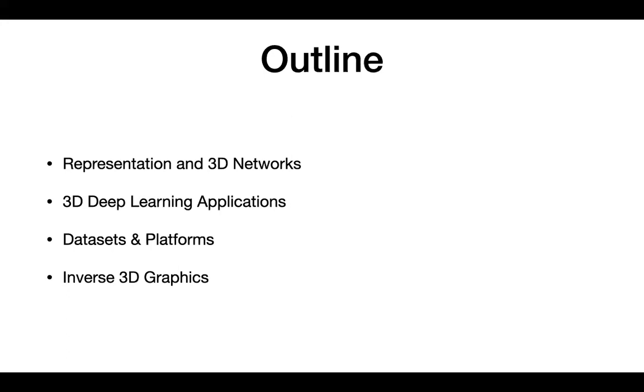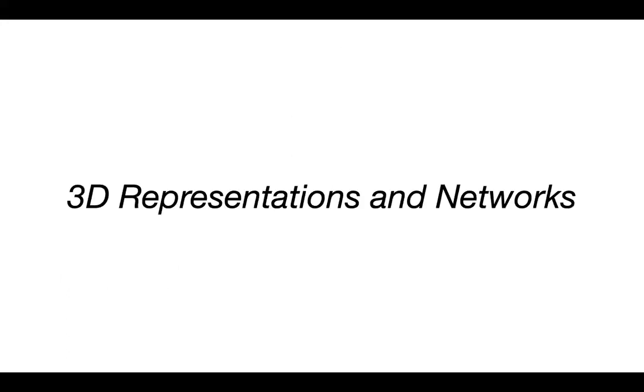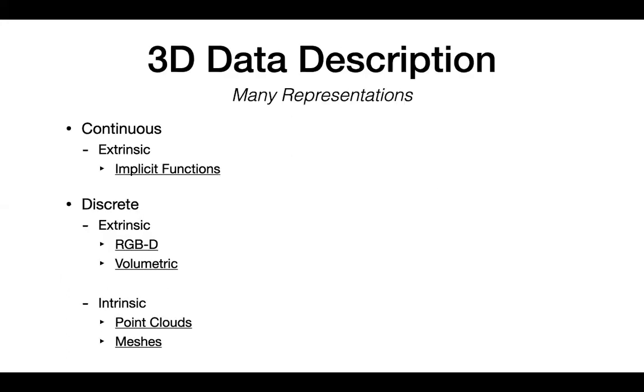Okay, so starting with 3D representations and networks, basically, I just said that to describe 3D data, we have many possible representations. And not just that, but we have different natures of representation, because we can have 3D data that is a signal, and you can view it as a continuous function.